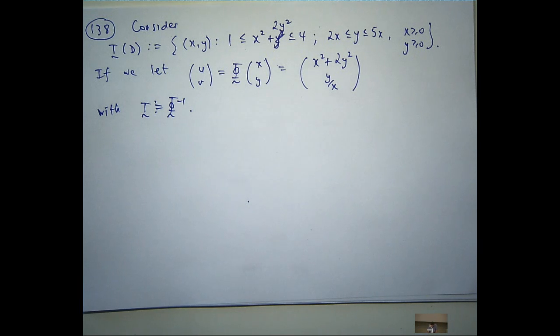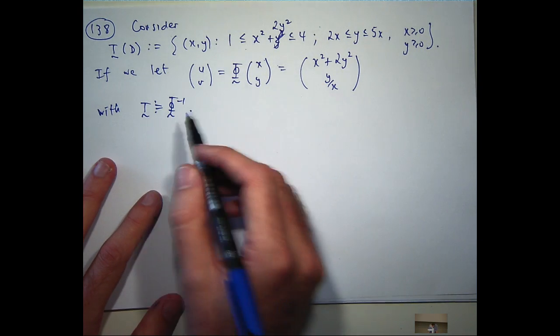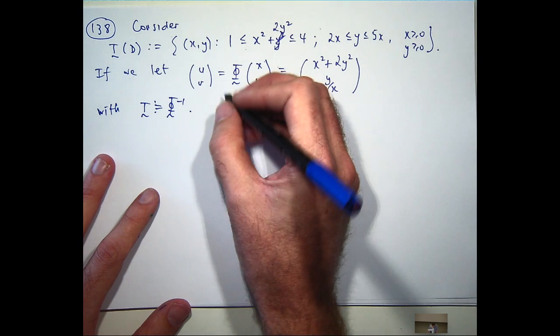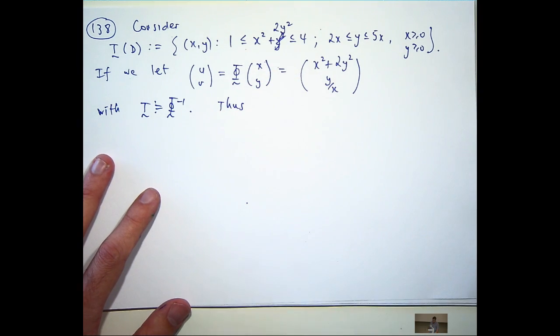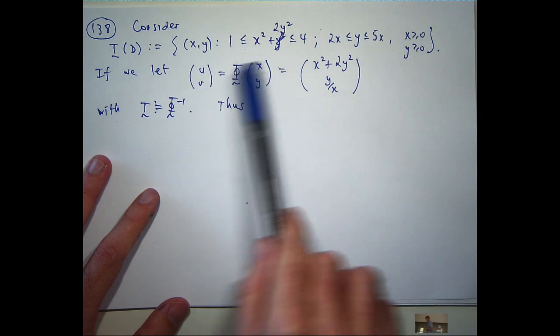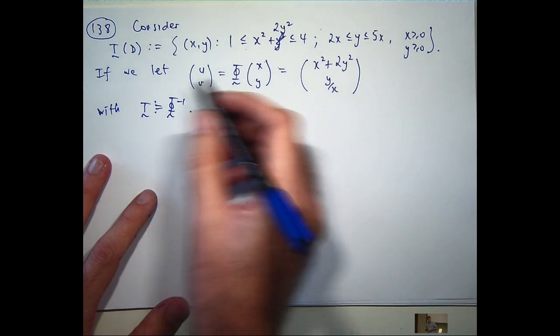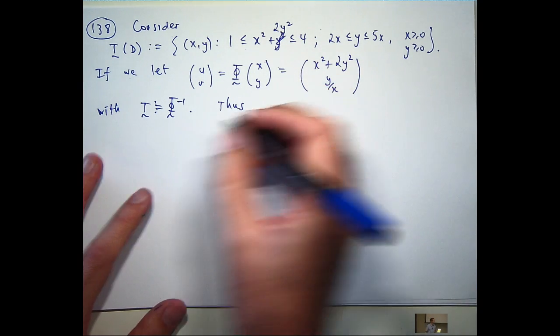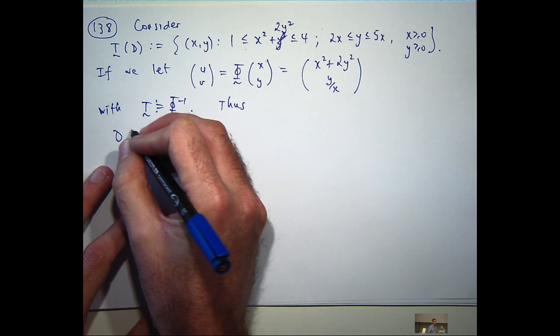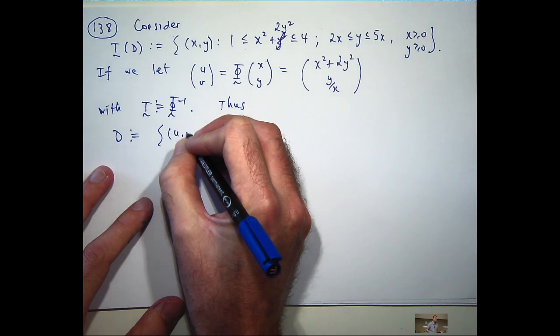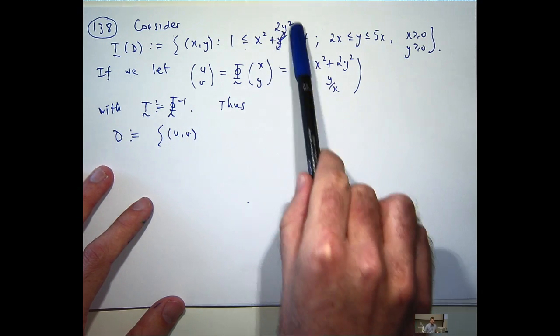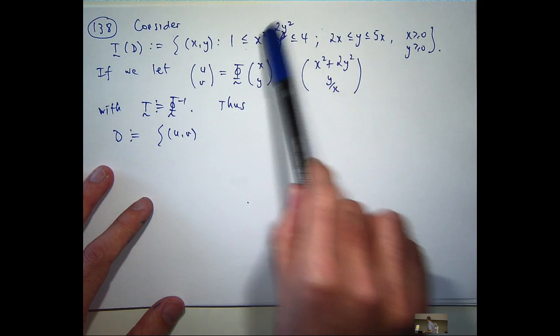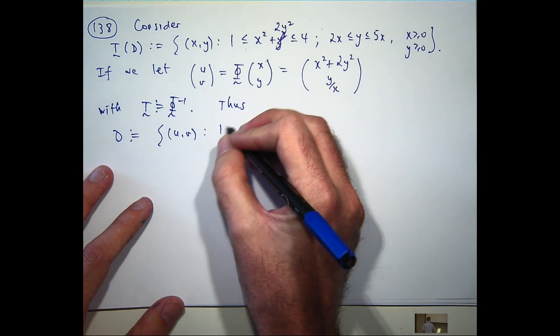So what will D be under this substitution involving u and v? Well, let's look at the bounds. If u equals this, then u is going to be between 1 and 4.